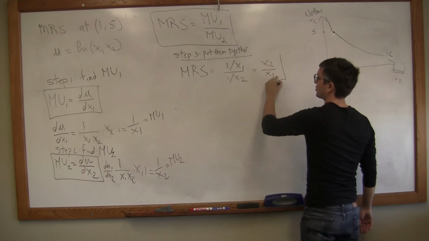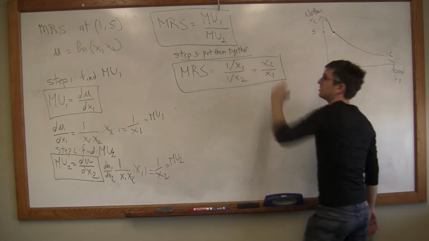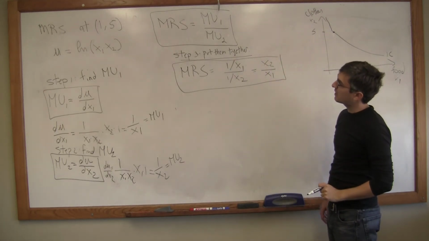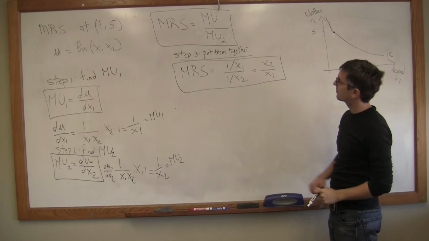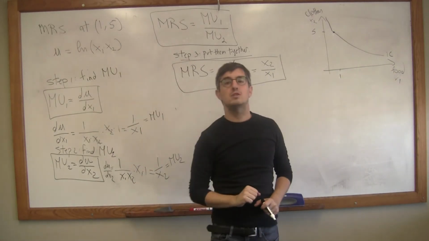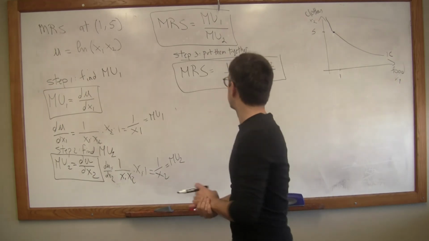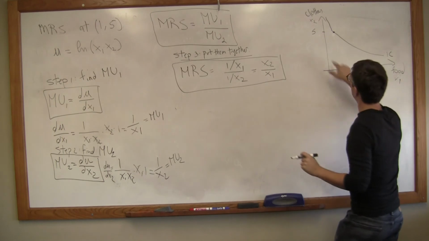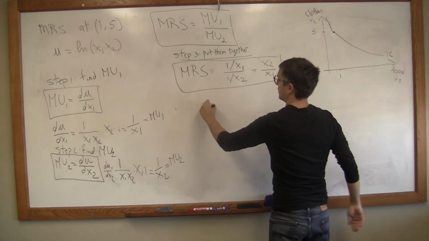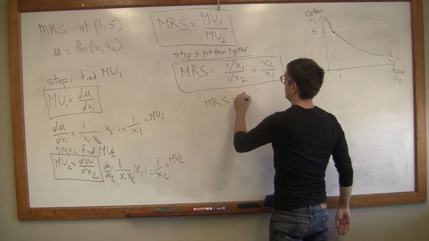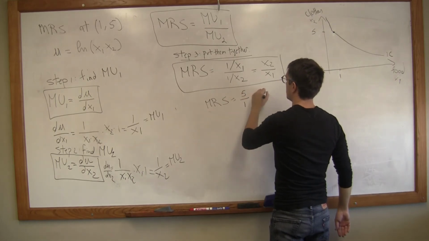So here is the function of the MRS for this particular utility function. Now I'm going to take x1 and x2 from here and see what the MRS is for that case. So when we have 1 unit of food and 5 units of clothes, the MRS is equal to 5 divided by 1, which is equal to 5.